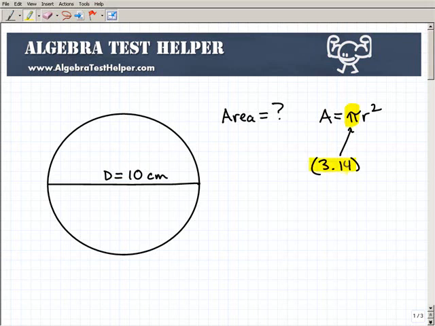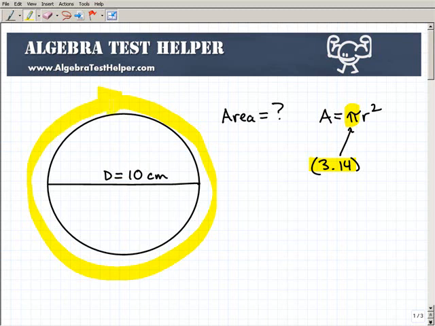I want to stick with this value of pi and show you why it's 3.14, etc., because remember, this decimal keeps going forever. Take any circle and take this measurement, which is called the circumference.